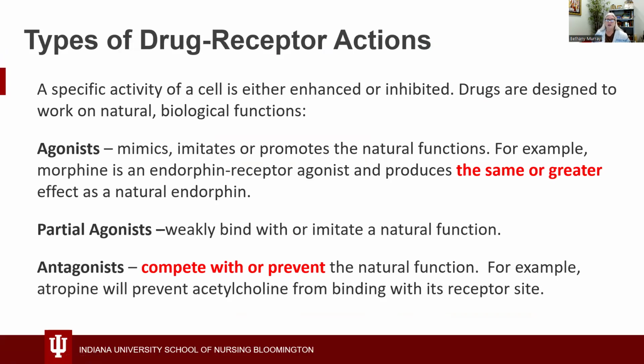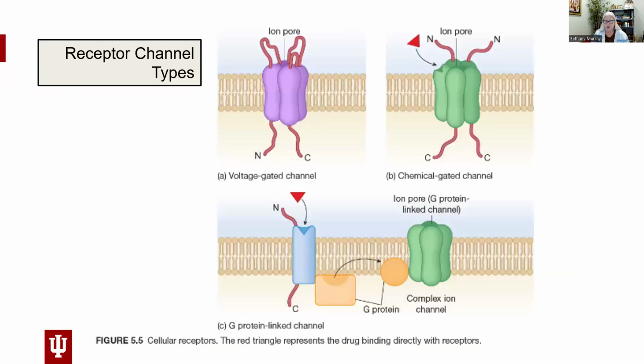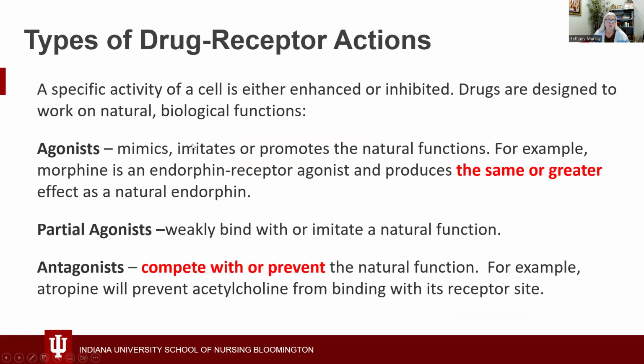Okay, so what are some of the actions that these medications or drugs will have on those cell receptors? Remember, there are receptors. Let me go back again. Something receives. Here we have a little example. It's receiving the medication. These are receptor sites. Well, receptors can be agonized, and the word agonist means to mimic, imitate, or turn on, like flipping a switch on.